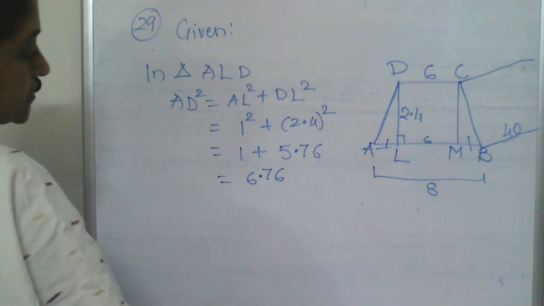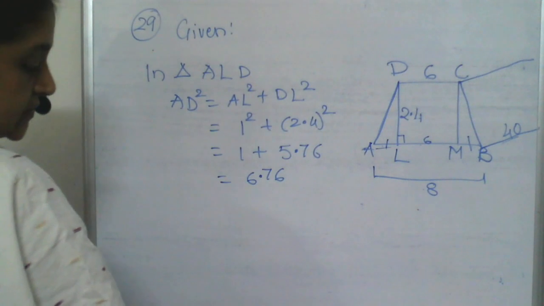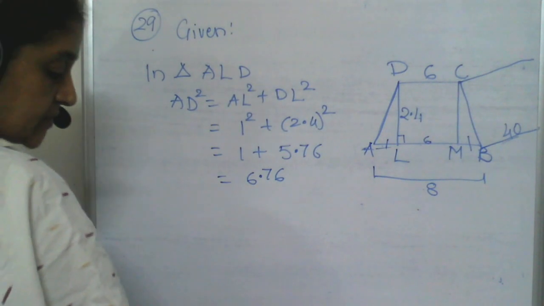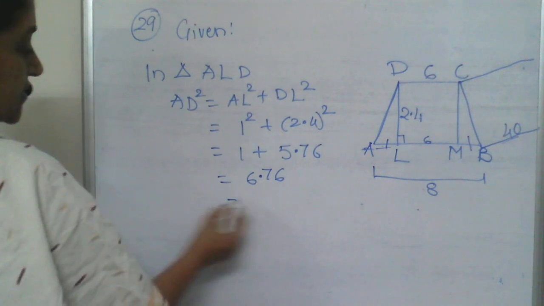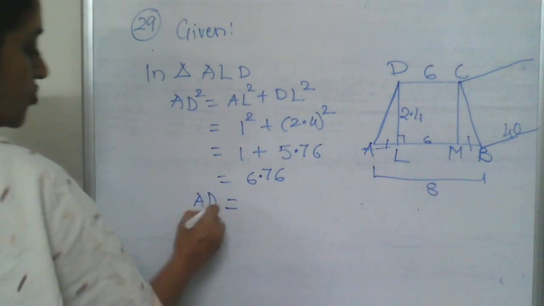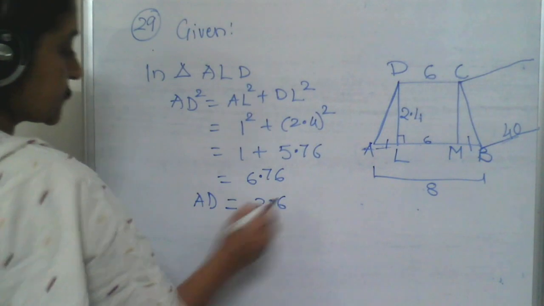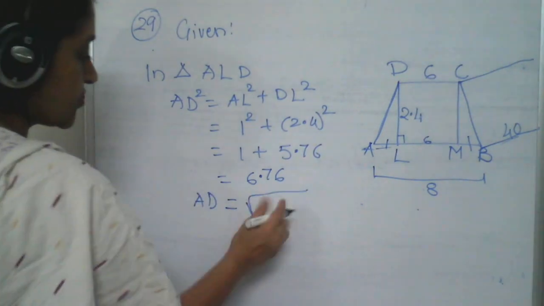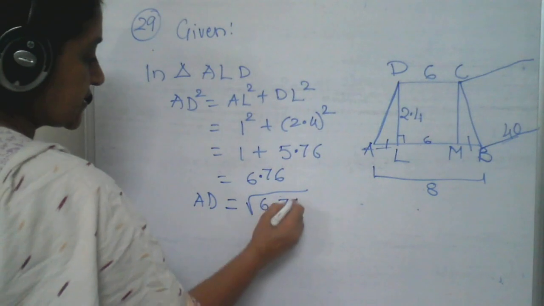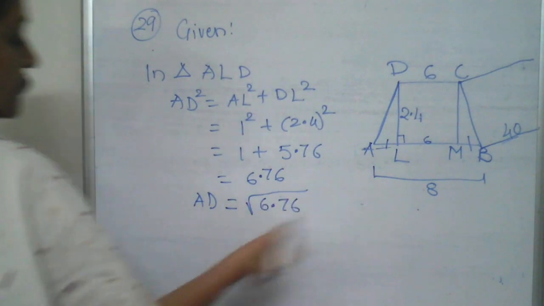676 is a square of 26. So if it is 26, AD will become 2.6. Or else you can write AD is equal to square root of 6.76. You can just calculate and see.